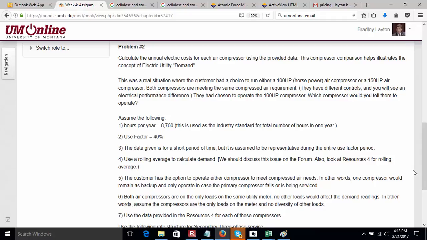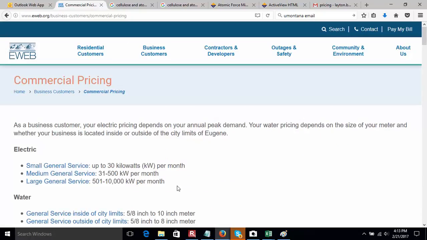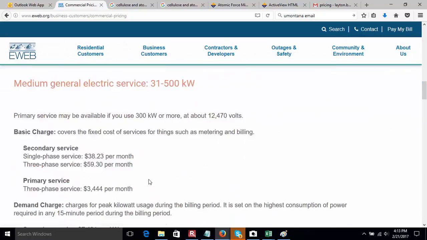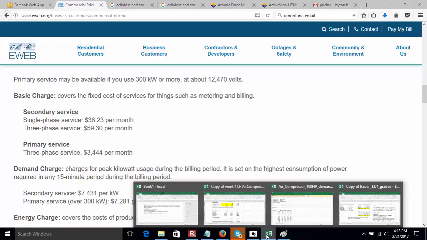So the customer has the option to operate either compressor. Both compressors are the only loads on the same meter. No others would affect it. And use the data, and again use the same guideline for service. So the numbers have changed just a little bit, but there they are. Okay, so let's go into the solution.